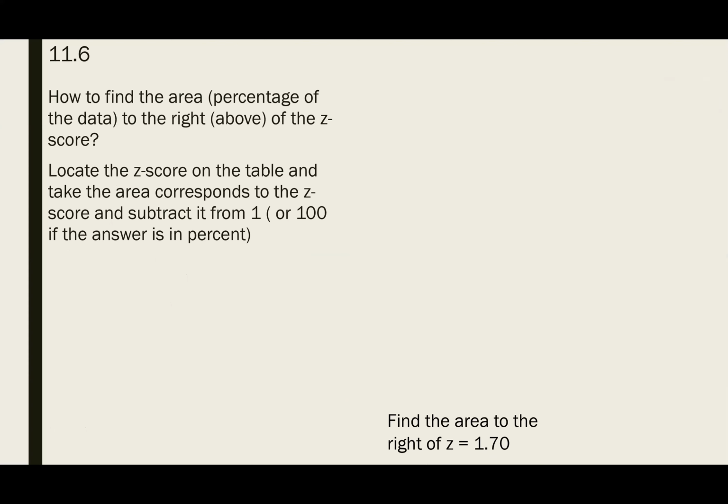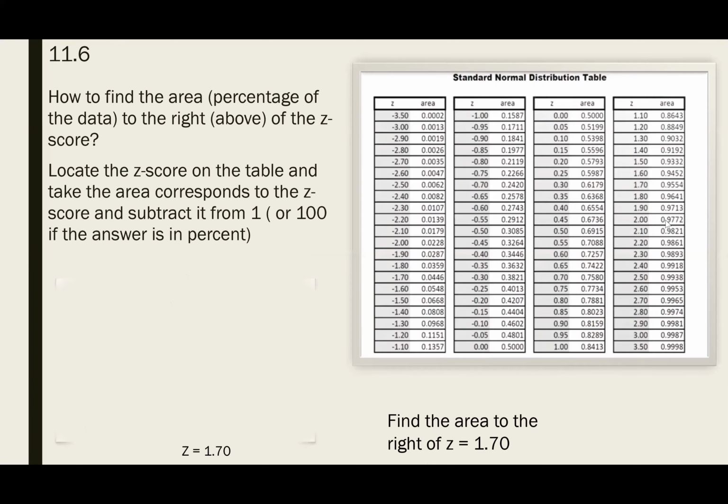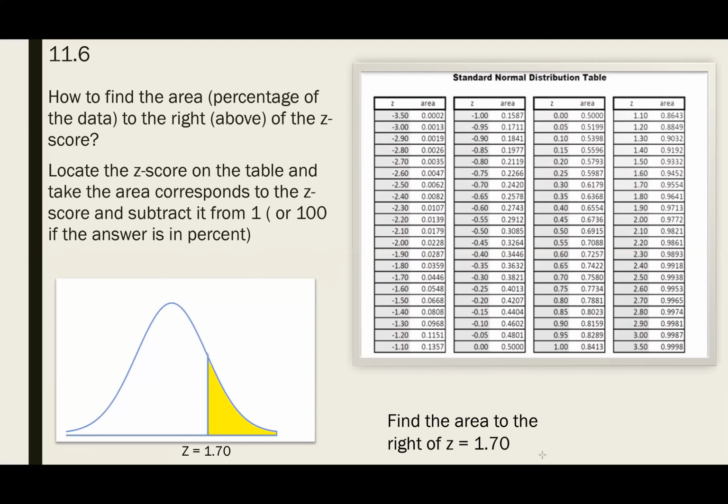So whatever the z-score they give you, to find the area to the right, you need to take that area minus from 1. Meaning, if you look at this item, do you agree that they ask you to find the area to the right of z-score equal to 1.7?